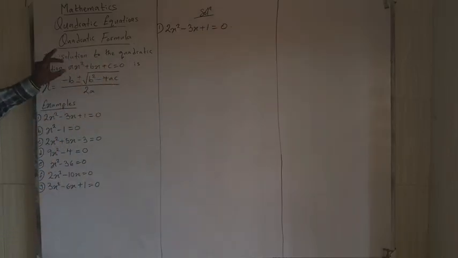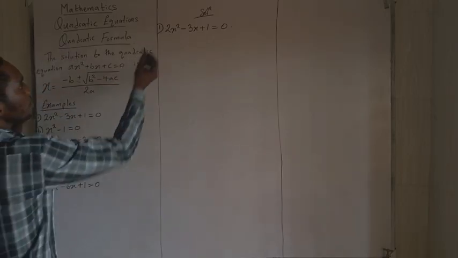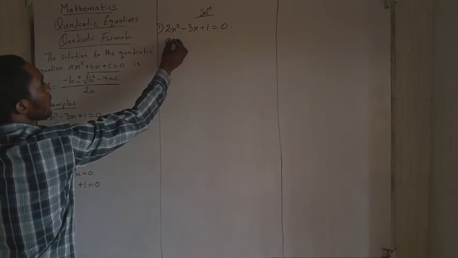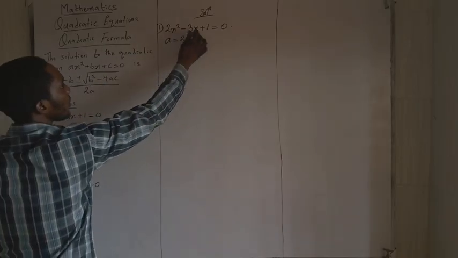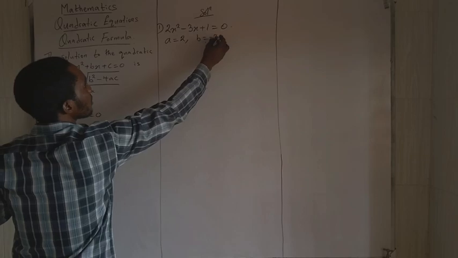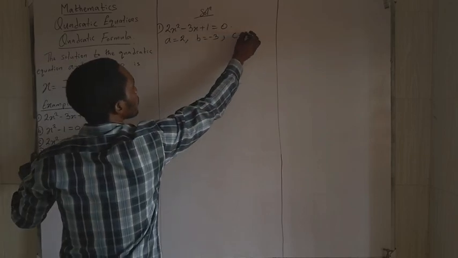Let's compare the general form of the quadratic equation to the given quadratic equation. Ax², 2x², that means a equals 2. Bx, −3x, b equals −3. C is 1, and c equals 1.